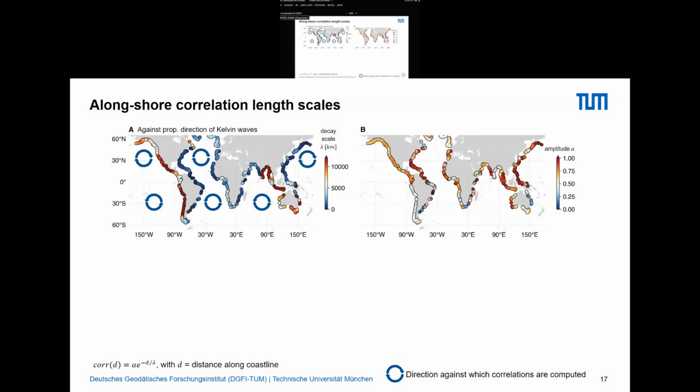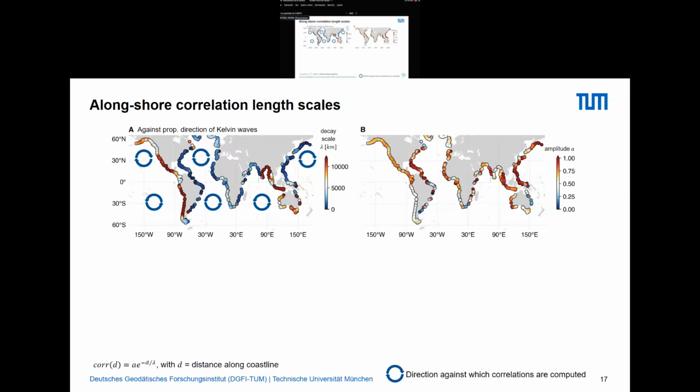It shows here an anticyclonic direction, indicated in the upper left plot, because that's actually against the direction of propagation of coastally trapped waves. So in this way, we would see sea level which would already be affected by any coastally trapped waves originating from that direction.